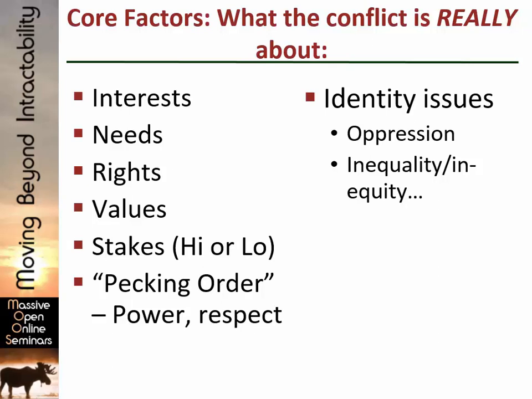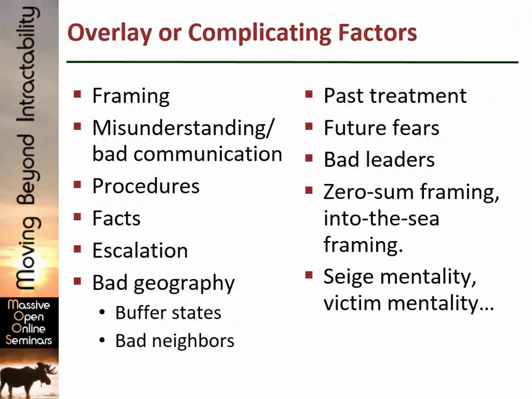So it tends to make conflicts more intractable. And the more overlay or complicating factors you lay on top of that, the harder it is to get down to the core, the harder it is to see what the real issues are, the harder it is to effectively work on them.